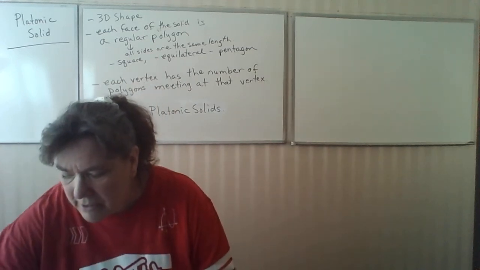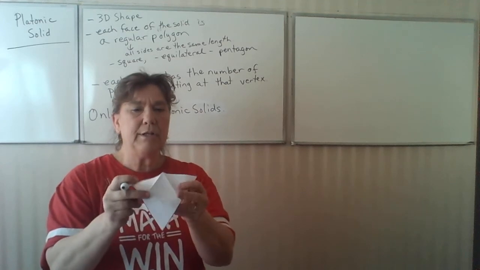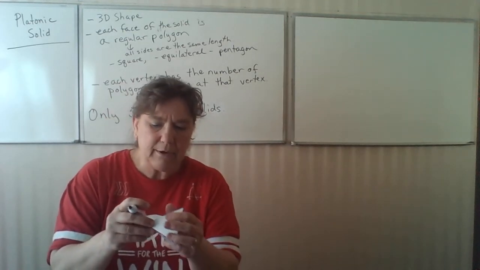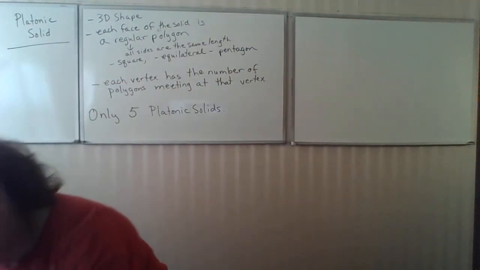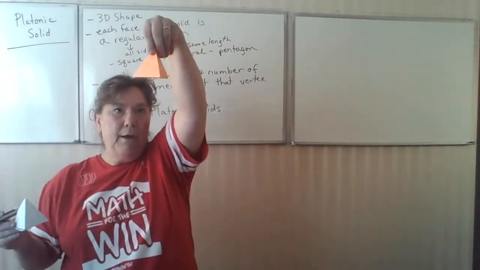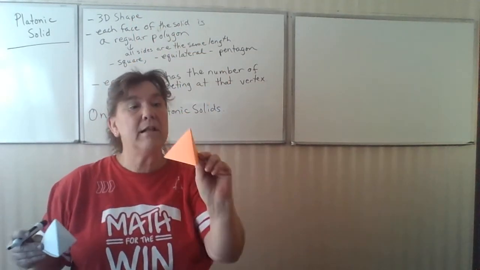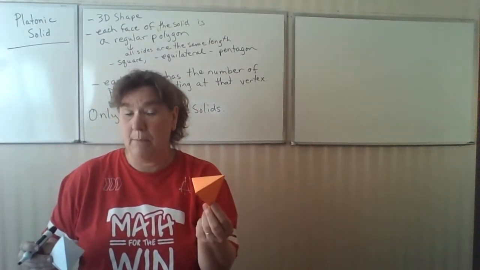So, I cut the first one out. And as you see, when you cut it out and then you fold it, if I were to tape this together, it makes a triangular figure like that. And in fact, this particular triangular pyramid happens to also be a Platonic solid because all 4 of my triangles are the same.